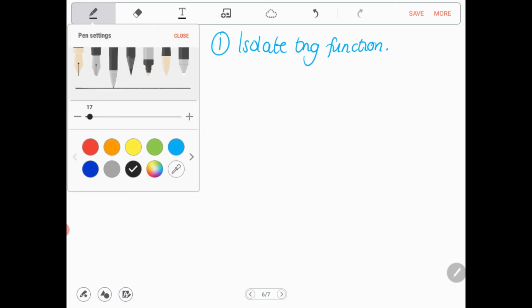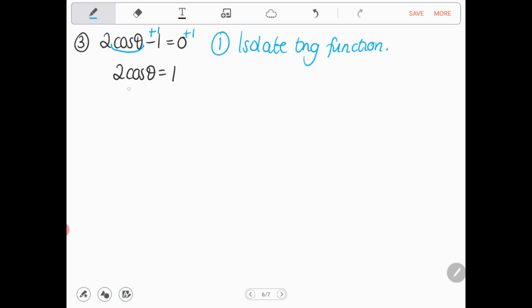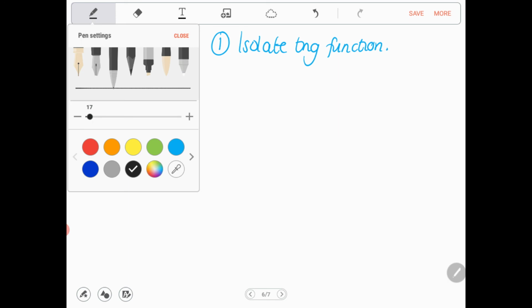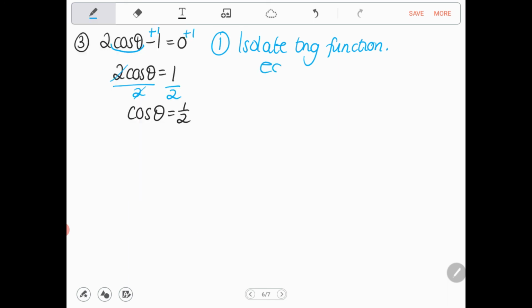And then, because we have one term on each side, we're going to divide both sides by 2 to cancel that. And we have now isolated our trig function. So cos theta is going to be a half. So when we isolate our trig function, we use equation rules.